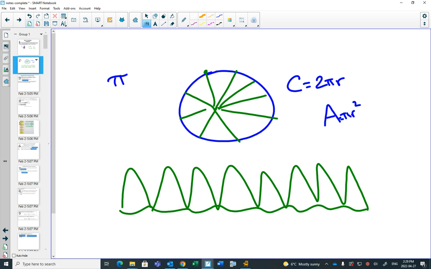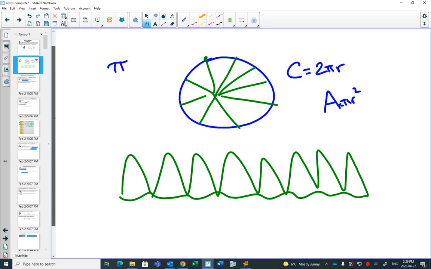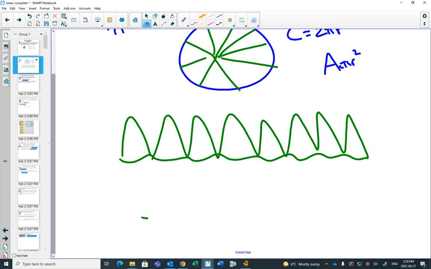Now, if you made your sectors smaller, they would get closer, tighter and tighter together. And as you make them smaller and smaller, they become more like triangles. Agreed? Dot, dot, dot, dot, dot.